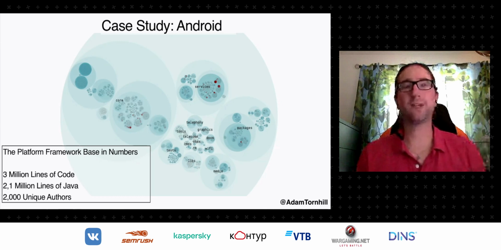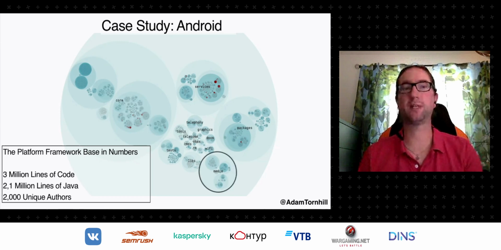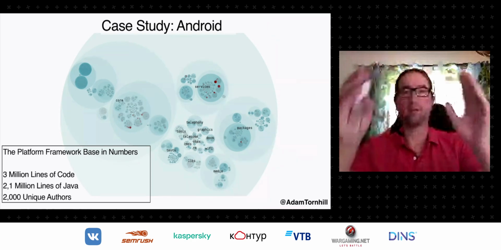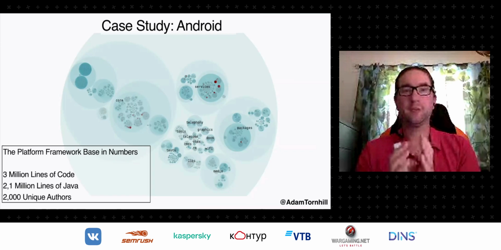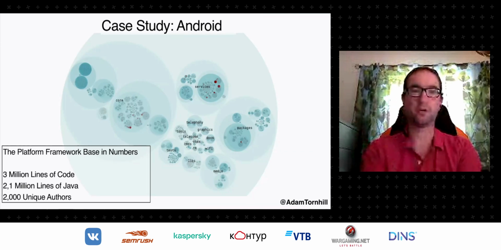So how do you make sense of this visualization? Well, the first thing is, if you look at those large blue circles, the ones that blink on screen right now, you will recognize each one of them is a top-level folder, right? So this is a hierarchical visualization that follows the structure of your code.